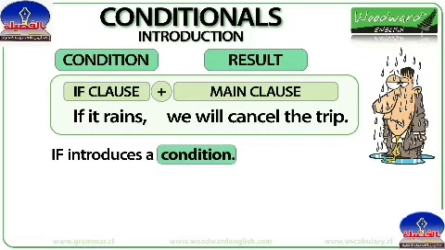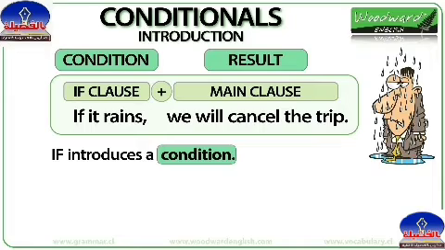The word if introduces a condition. This is something that may or may not happen depending on the circumstances. We don't know exactly if it is going to rain, so we say, if it rains. And what is the result of this condition? We will cancel the trip.